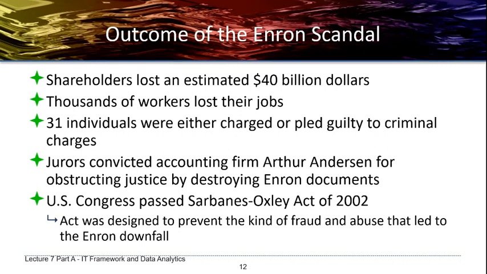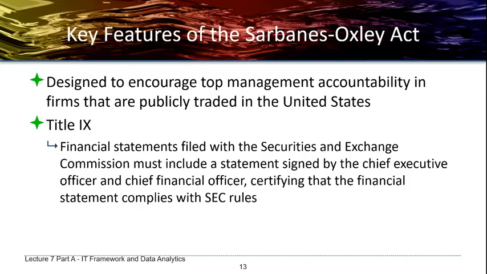The U.S. Congress passed the Sarbanes-Oxley Act of 2002. The act was designed to prevent the kind of fraud and abuse that led to the Enron downfall. The key feature of the Sarbanes-Oxley Act is that it is designed to encourage top management accountability in firms that are publicly traded in the United States.